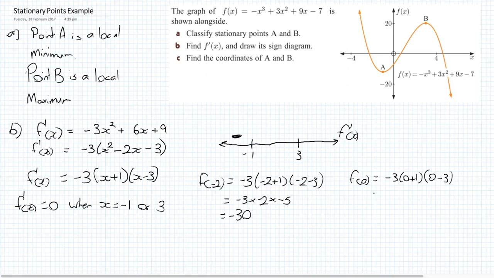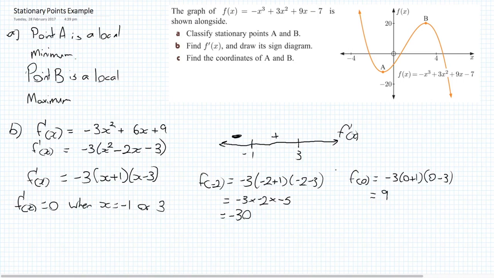So we've got 0 plus 1 is 1, 0 take 3 is -3, -3 times 1 is -3, times -3 is going to be 9. So it's got to be positive in here.